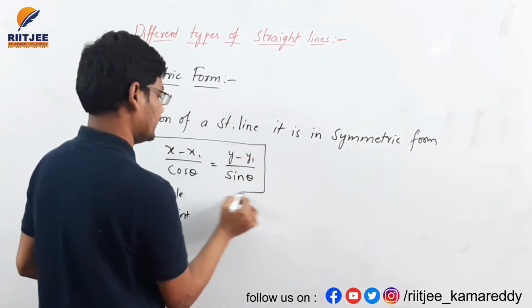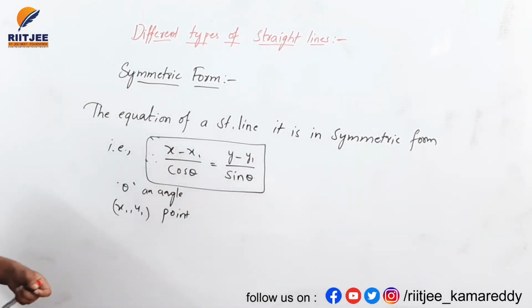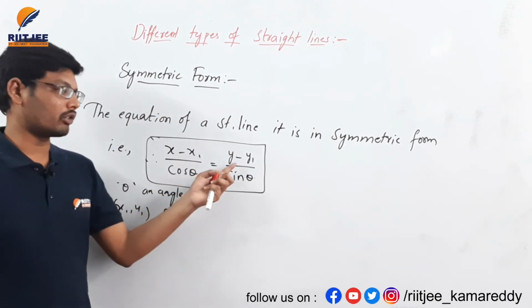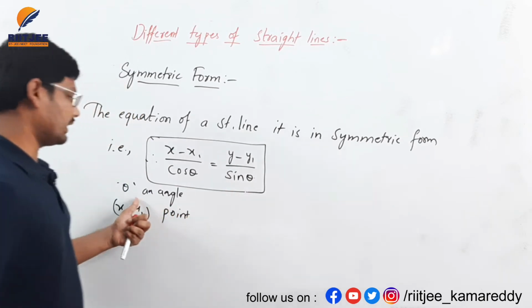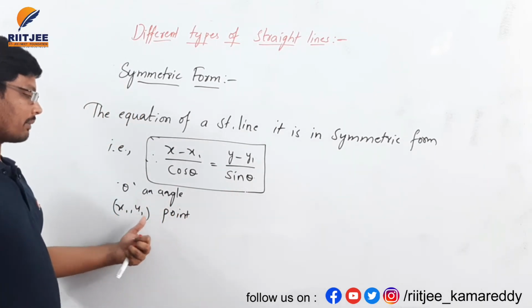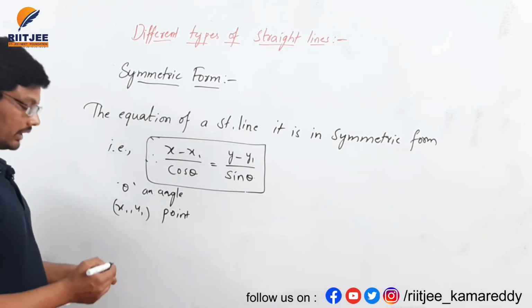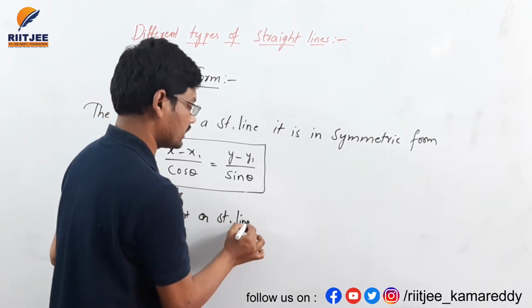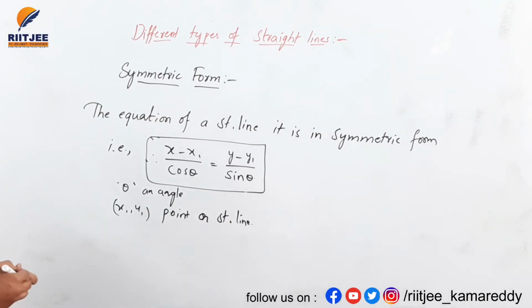This is the equation of a straight line in symmetric form. This is all about the symmetric form.